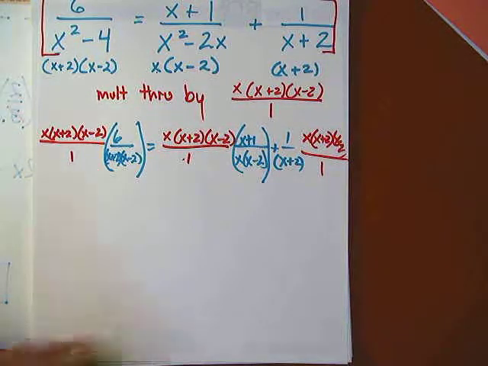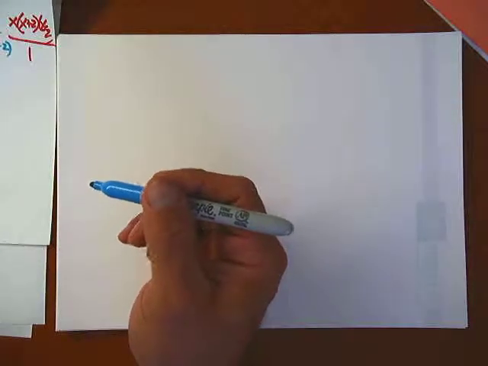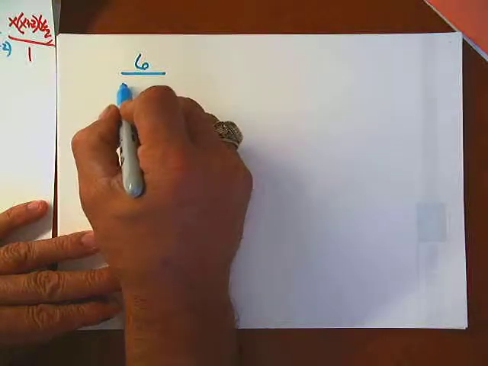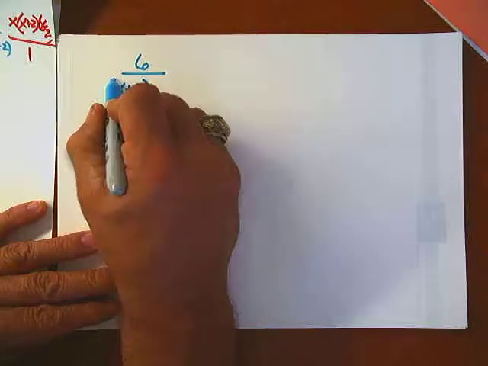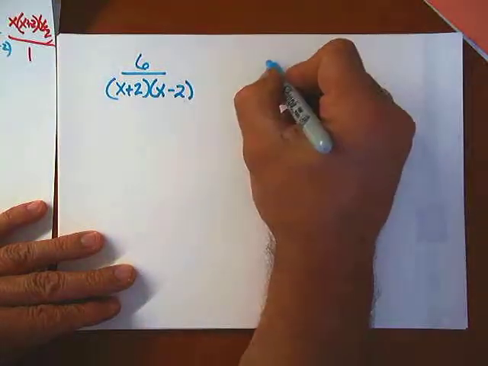I know that's kind of cramped. I guess I could have turned it around. Let's do that. Let me just rewrite it over here. Let me turn it this way. There we go. I think I'll start doing it that way.